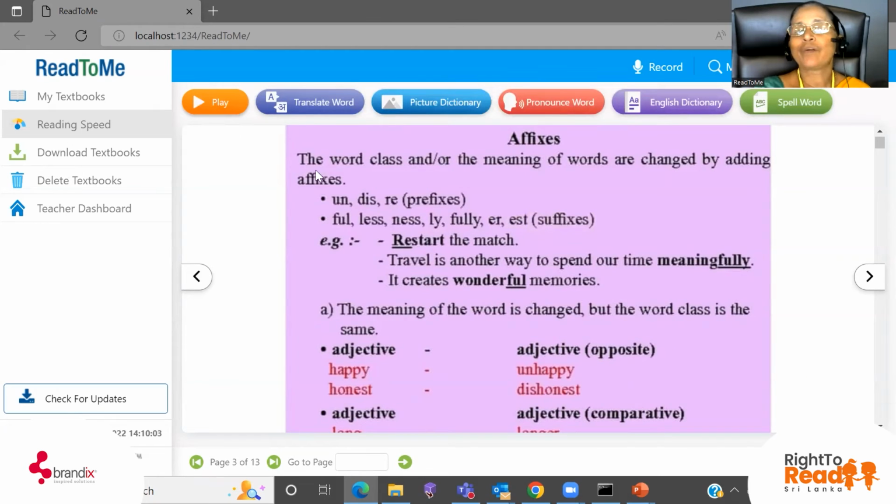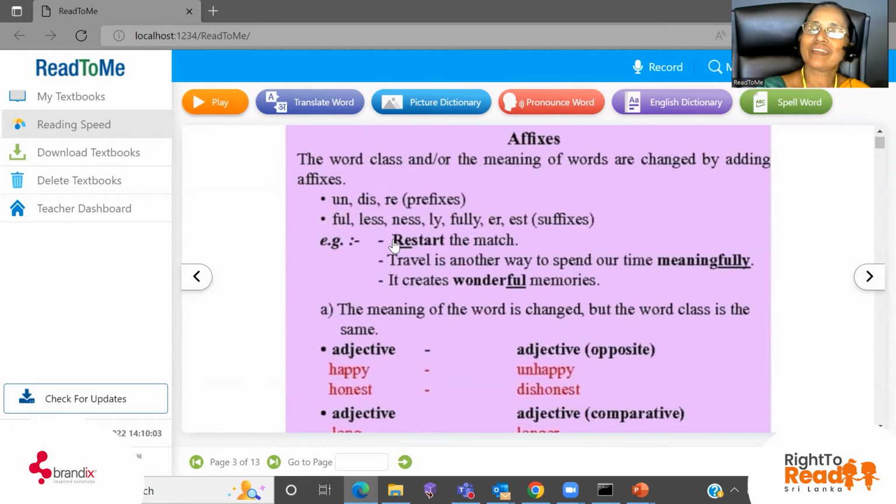What are the letters or groups of letters that you can use as suffixes? Can you also read? FUL, LESS, NESS, LY, FULLY, EST. Now look at these three sentences.